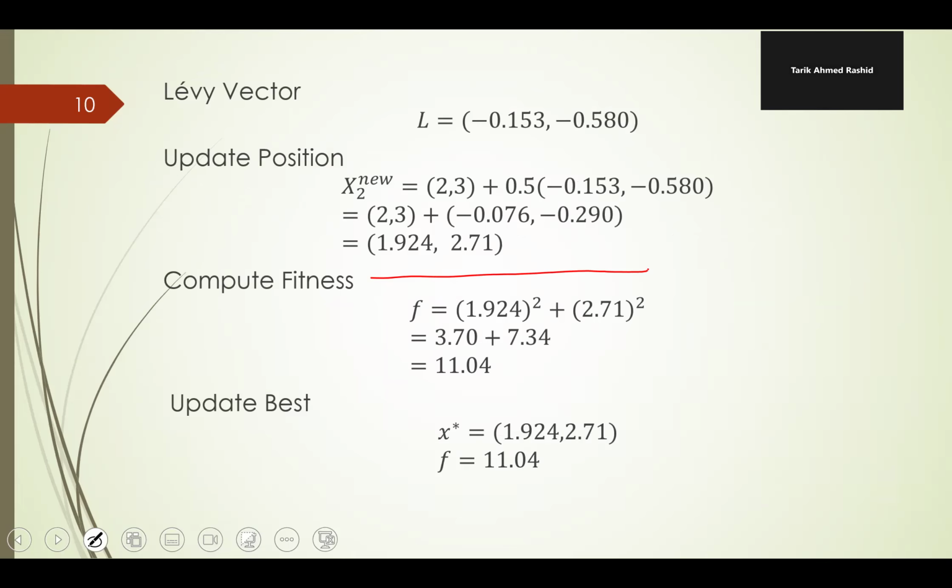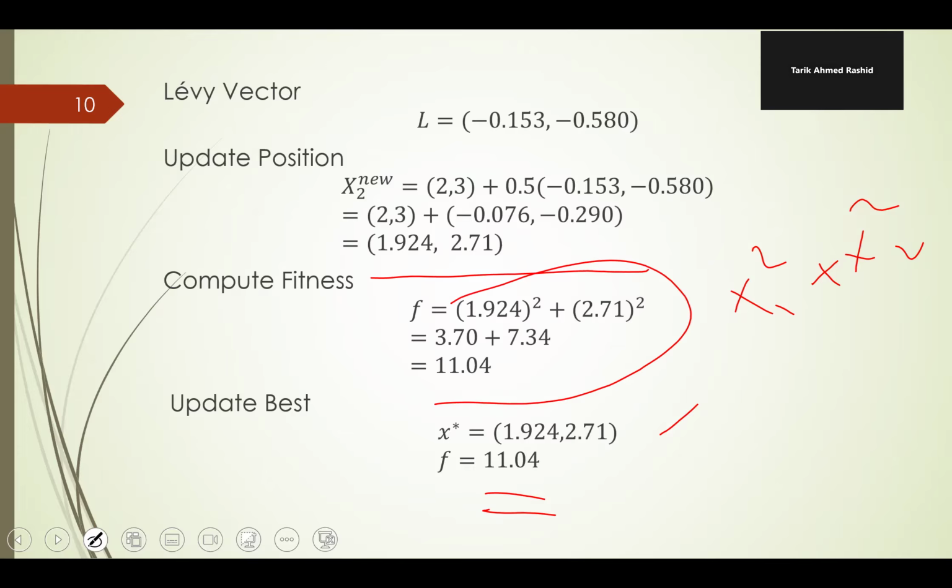We will find 1.924, 2.7. Plug them into the fitness function, x1 square plus x2 square. So that's how we get it. We find this one, 11.04, which is a very small minimum.